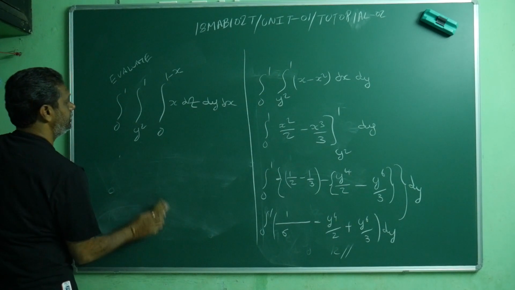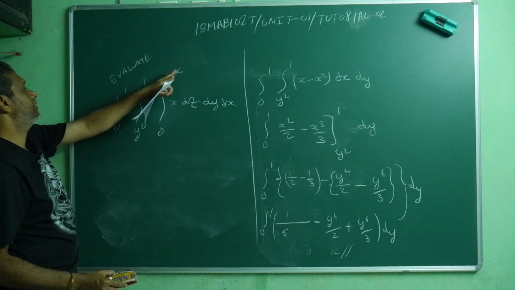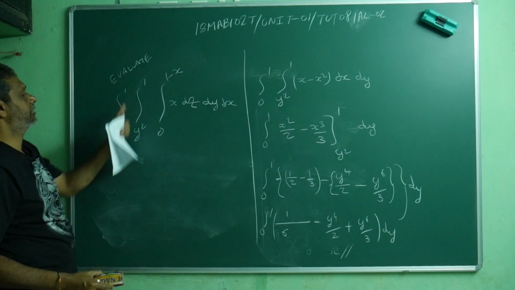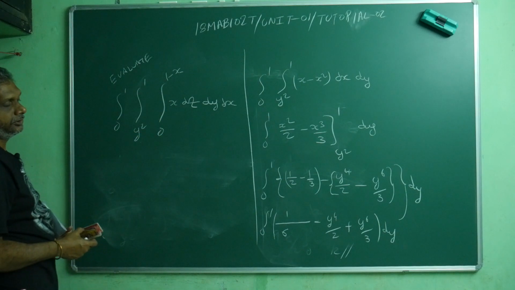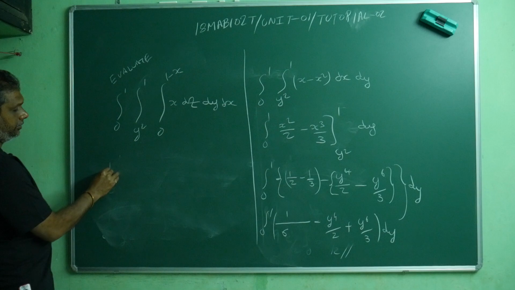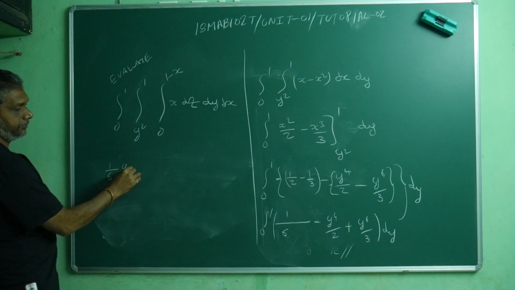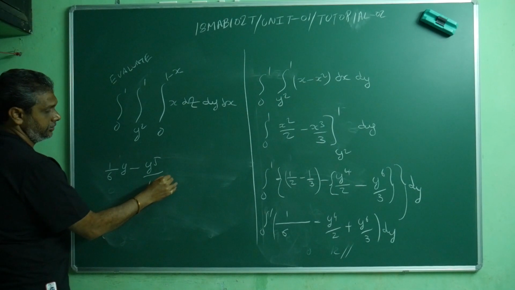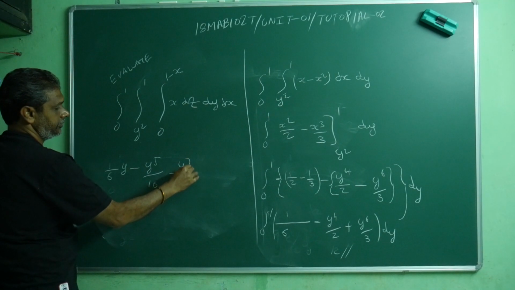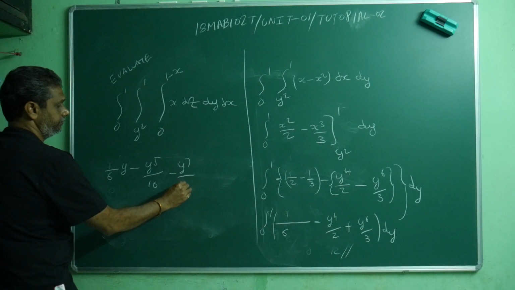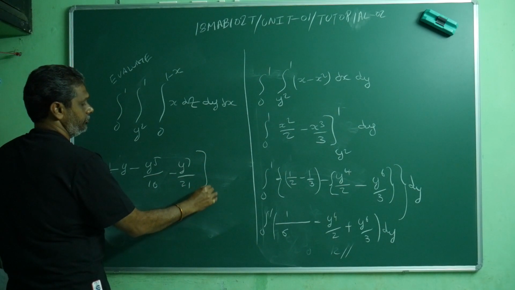So starting is very important. X is also in terms of y, so don't do with respect to x and y first, do with respect to z. Now if you integrate, you will get 1 by 6 y minus y power 5 by 10 plus y power 7 by 21, from 0 to 1.